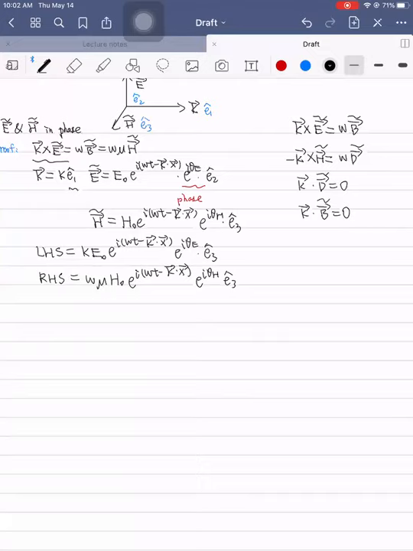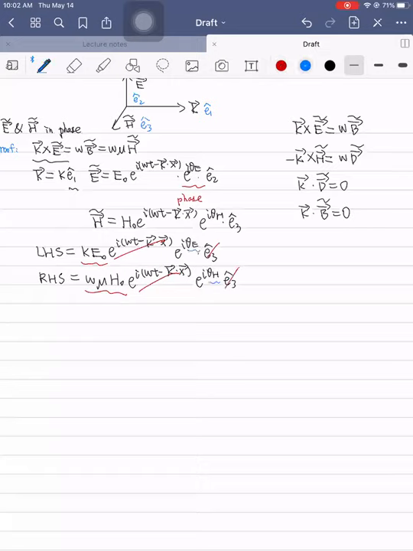So let's circle out their amplitude and phase. Since these two terms are the same, I just cross them out.